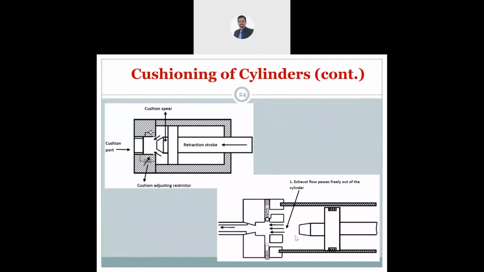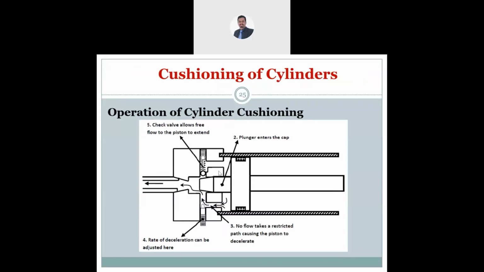Okay, so kalau you tengok dekat sini, so here the air is going out. Okay, dekat sini cushioning is not happening, but once your plunger enters the cap, okay, so dekat sini, so udara yang ada dekat sini will try to escape.